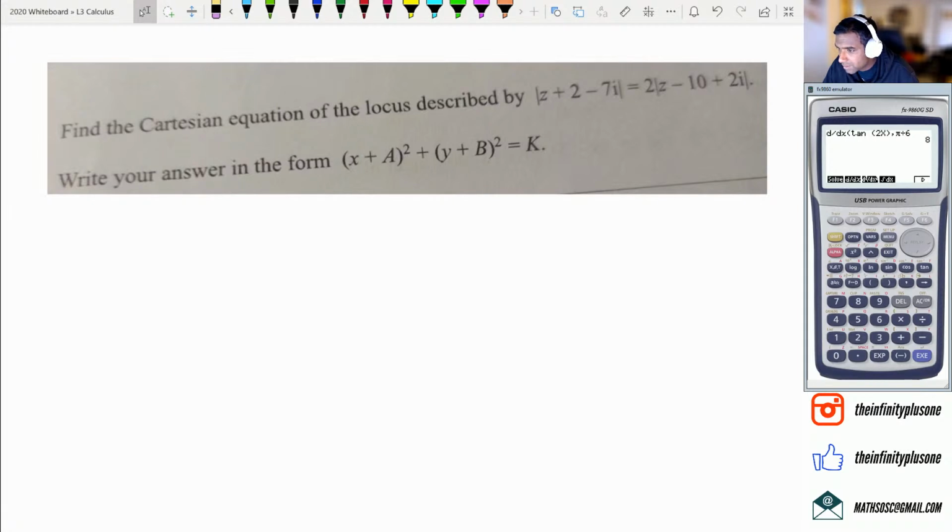Cartesian plane. No, it doesn't look like it's from the 2018 paper because I don't remember doing this particular question. I don't think I've actually done this before. Maybe. I don't know, man. I forgot.